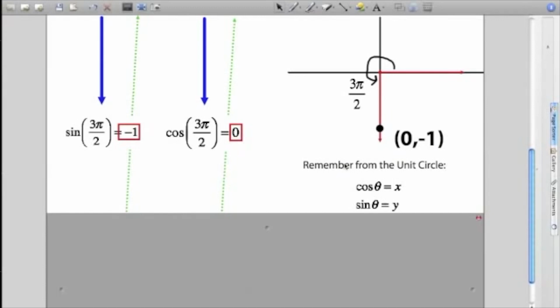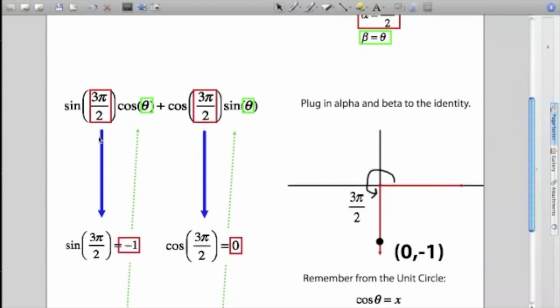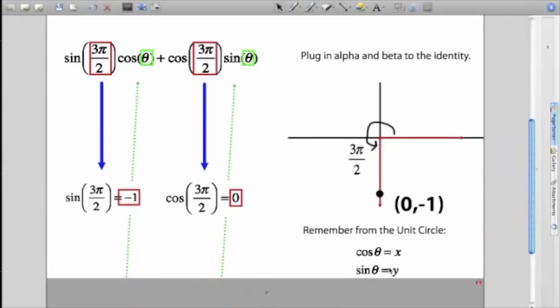So what we've done, we've taken these values. If you look up at your equation, we needed the sine of 3 pi over 2, and then we have the cosine of theta and the cosine of 3 pi over 2. So I've taken the two actual angles that we're going to plug in, and sine of 3 pi over 2 is equal to -1 because the sine is the y-coordinate here.